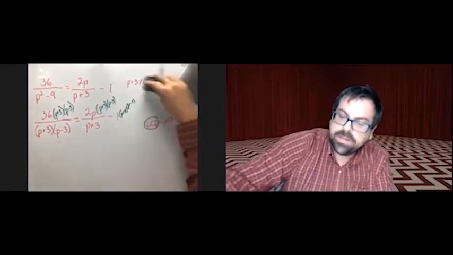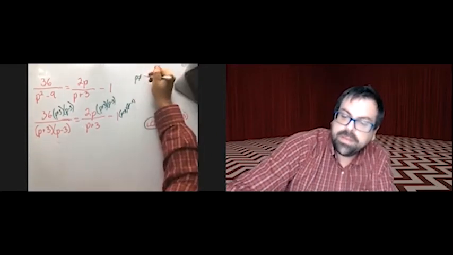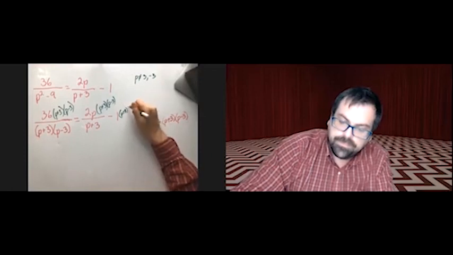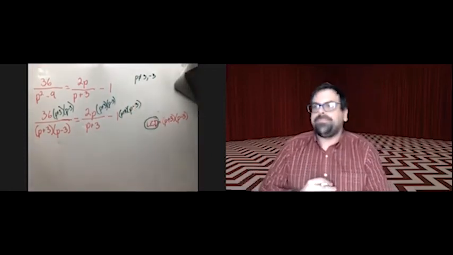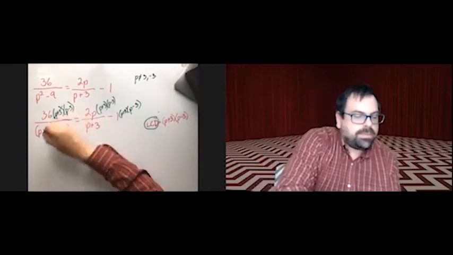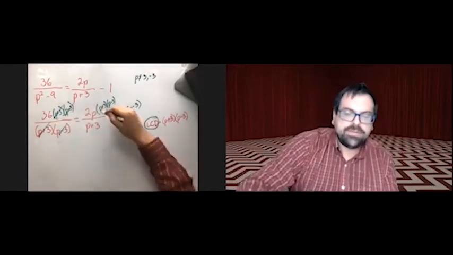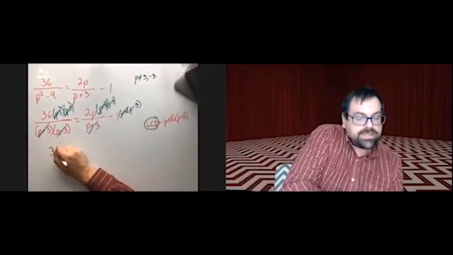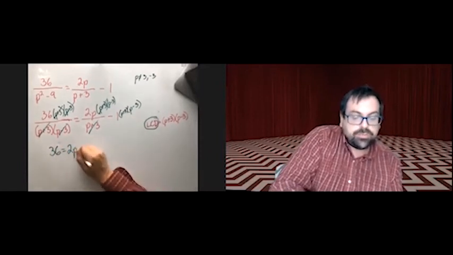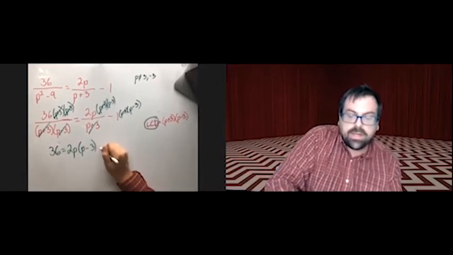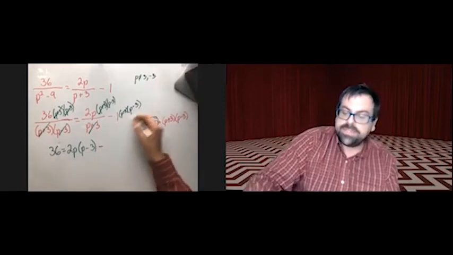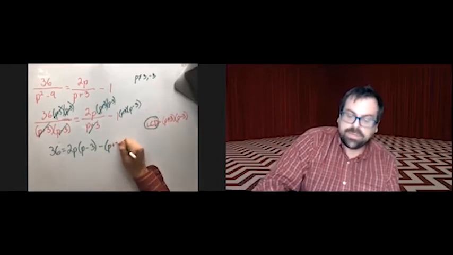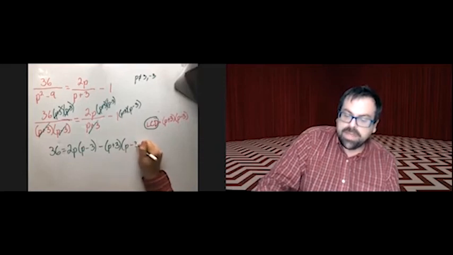We remember p can't be 3 or negative 3. The p plus 3's cancel, the p minus 3's cancel, the p plus 3's cancel. We have 36 equals 2p times (p minus 3), minus 1 times the LCD. So minus the entire whatever p plus 3 times p minus 3 is.